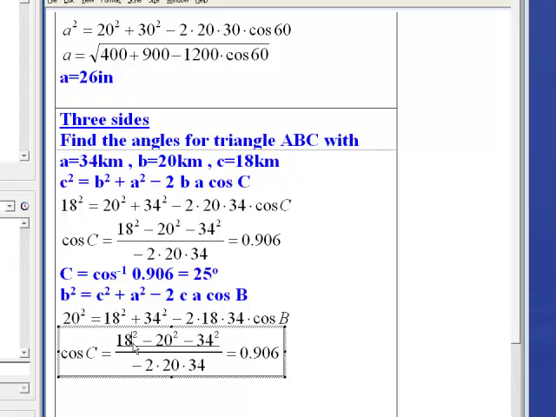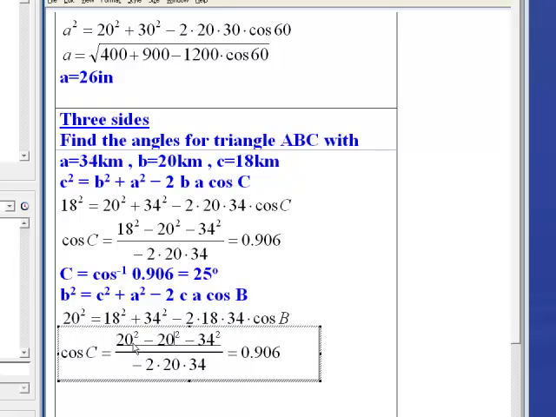Okay, so here we're going to have 20 squared minus 18 squared minus 34 squared, negative 2 times 18 times 34, and here we have cosine B. And this time around I'm going to come up with, on my calculator on the side, 20 squared minus 18 squared minus 34 squared, divide by negative 2 times 18 times 34. I come up with 0.882.